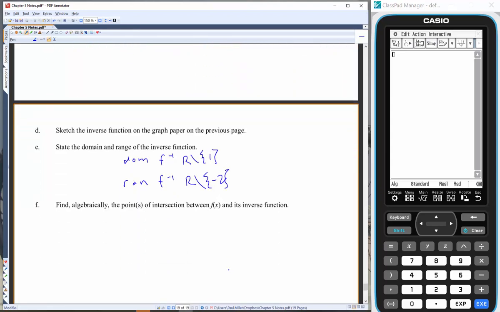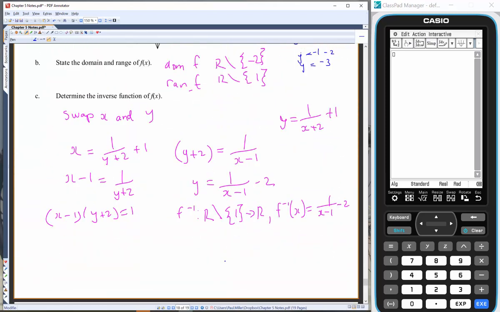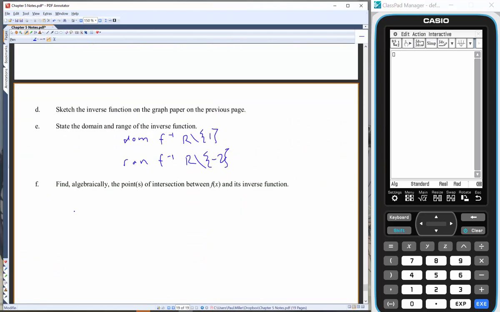Find algebraically the points of intersection between the original function and its inverse. Okay, so this is interesting. What many of you will do is you'll do f-1 of x equals f of x.